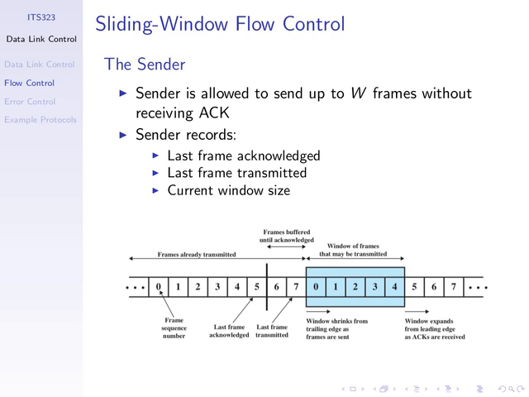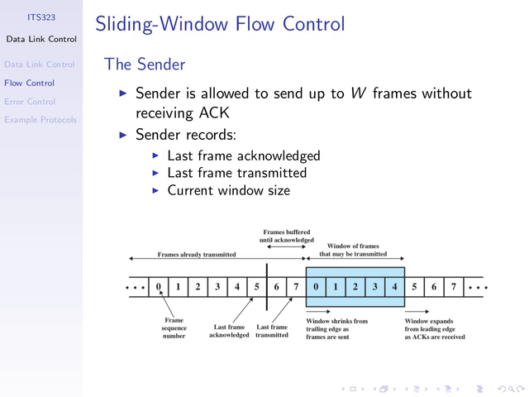Let's first get up to how the basics of sliding window flow control works. The sender keeps track of 3 things. The set of frames that have been sent and have already been acknowledged. Think of these frames as completed. Sender has sent the frames, received an ACK for them, successful, it can forget about those frames.